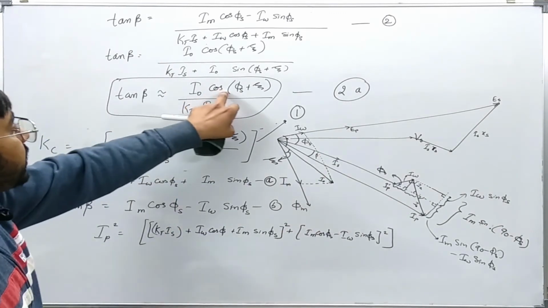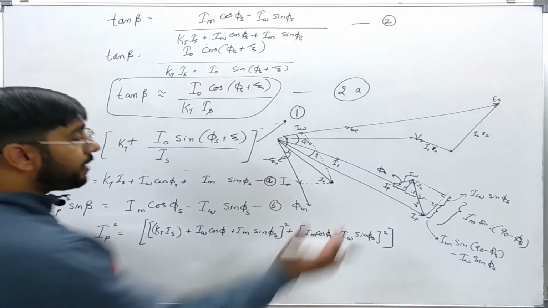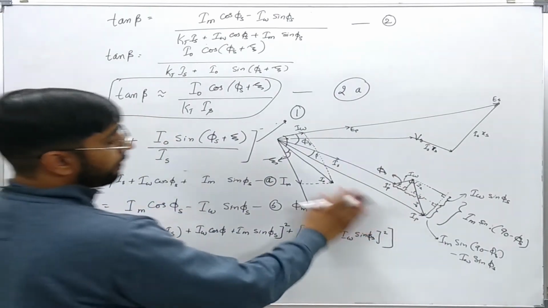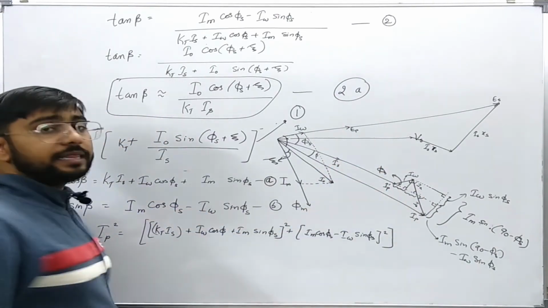However, when this comes out negative, beta will be negative and I_p will get shifted here and I_s will be here. So the primary current will be leading the secondary current in that case.